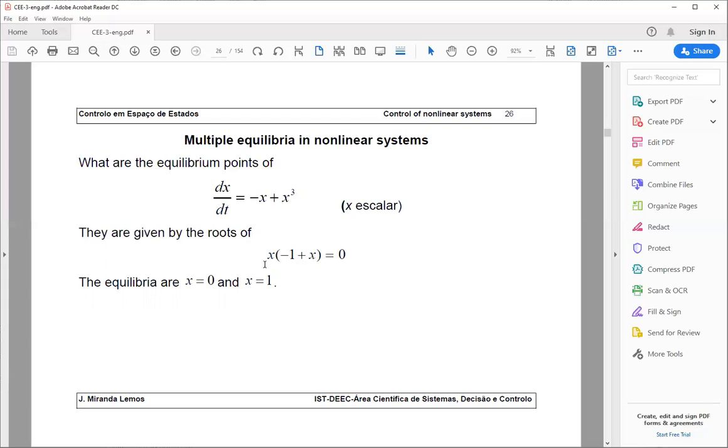And you can easily see that x equal to 0 and x equal to 1 are equilibrium points. Remember, if the system was linear, you could only have an isolated equilibrium point. If the system is nonlinear, you can find examples in which you have multiple isolated equilibrium points.